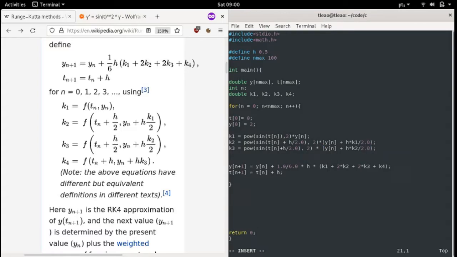Close here, k4. Now it's simply sine of t n plus h power of 2 times y of n plus h times k3. Okay, so I think everything is correct here.